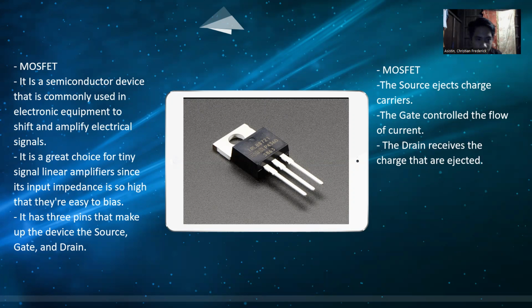As you can see in the picture, it has three pins that make up the device: the source, gate, and the drain. Another definition of MOSFET is a source that ejects charge carriers. It also uses the gate to control the flow of current. The drain also receives the charge that is ejected. So those three are the pins that are seen in the picture.